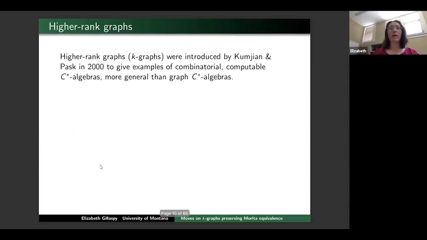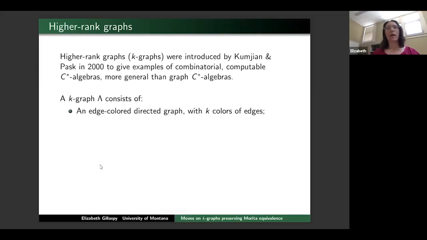So higher rank graphs, or K-graphs, were introduced by Alex Kumjian and David Pask, building on earlier work of Robertson and Steger. They're a generalization of directed graphs, and what follows is not Alex and David's definition. So apologies, Alex and David, if you're listening.